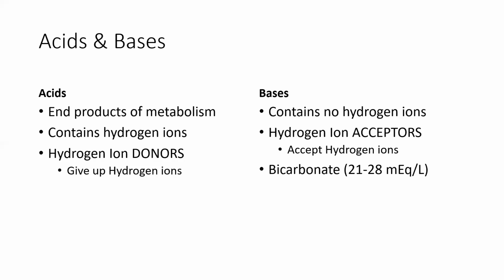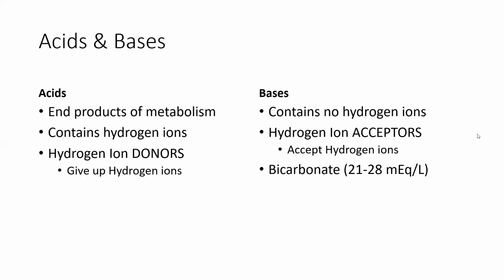Acids are also considered hydrogen ion donors because they have so many hydrogen ions, they're able to donate or give them up, whereas bases are the exact opposite. They have no hydrogen ions and they are considered acceptors because they don't have any within their makeup. They are allowed to accept in order to drive up the pH of something.